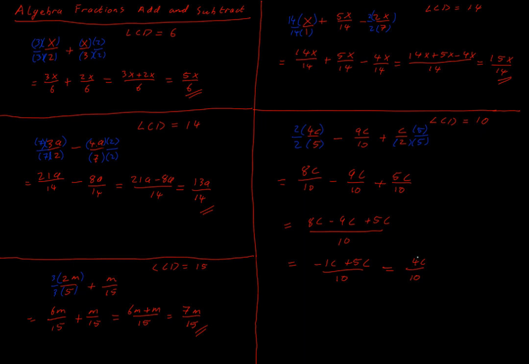If I have 4 over 10, I know that that would be the same as 2 over 5. So for completeness, we can simplify that down to 2c all over 5 if we're able to spot it. We divide above and below by our common factor of 2, and we end up getting 2c all over 5 as our final answer.